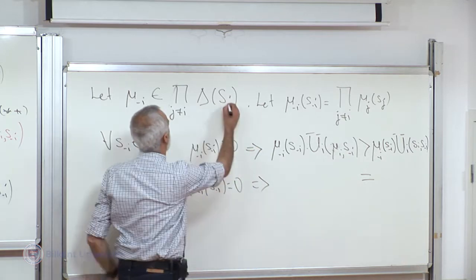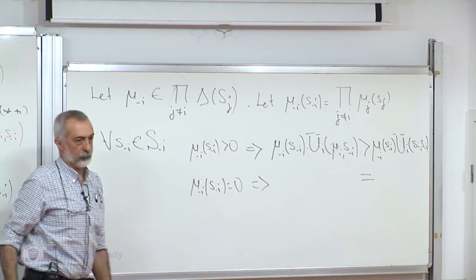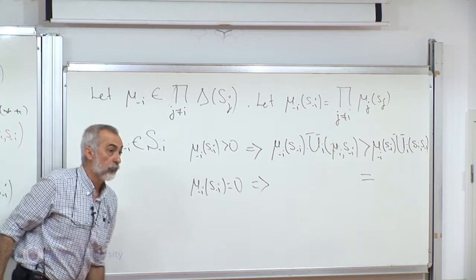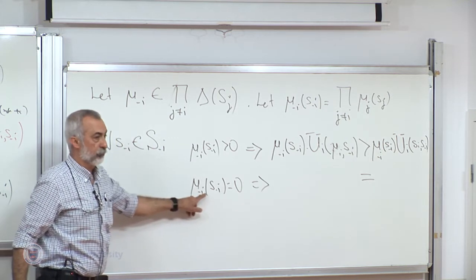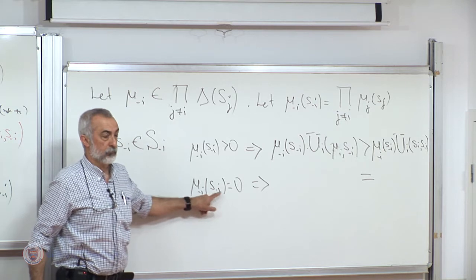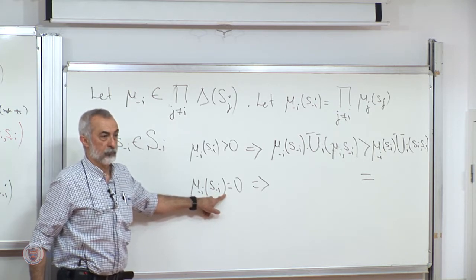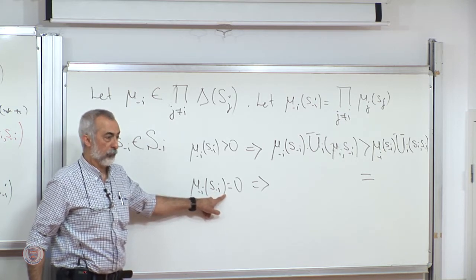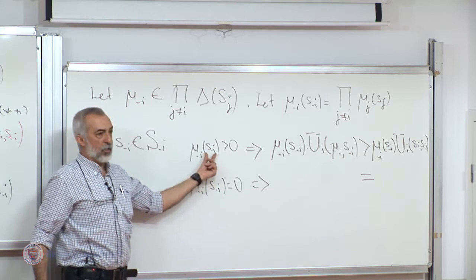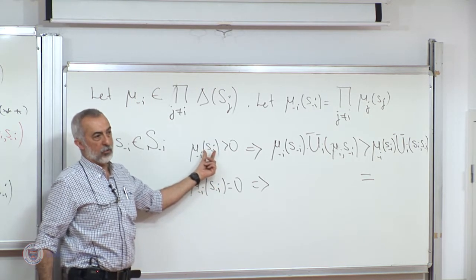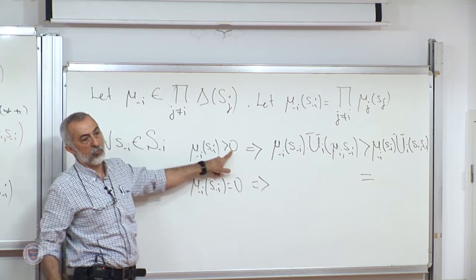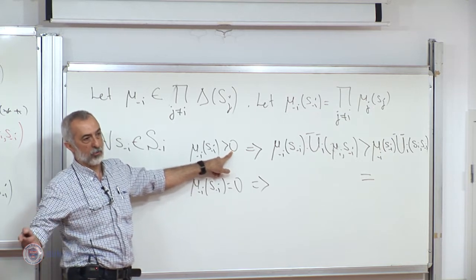Oh, j. Yeah. Now, mu minus I of S minus I is greater than 0 means that the strategy profile S minus I is played with some positive probability by the opponents of agent I.